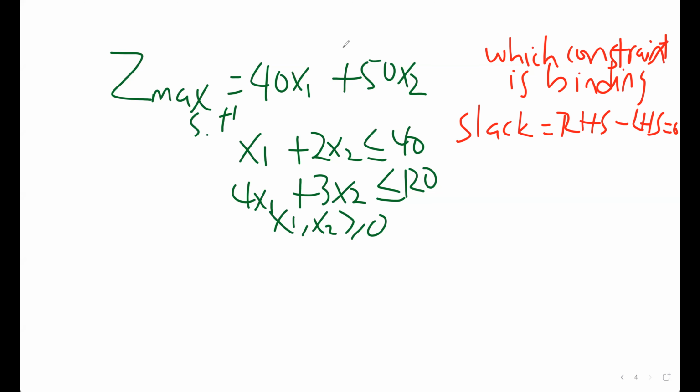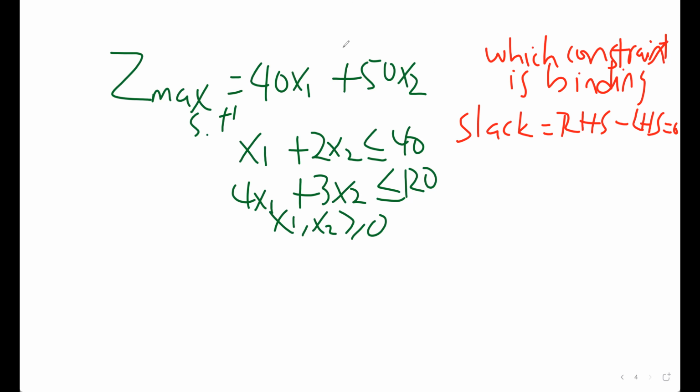A slack is when the available minus the usage equals 0. That is a slack. And of course, if the available minus the usage is 0, then it means that the left-hand side and the right-hand side are equal. So another way of defining a binding constraint is that constraint where there are 0 slacks.